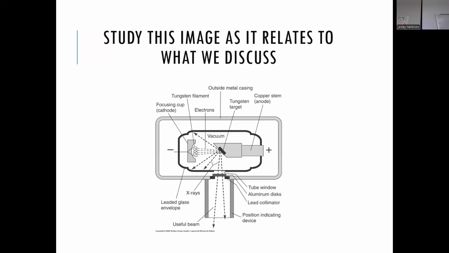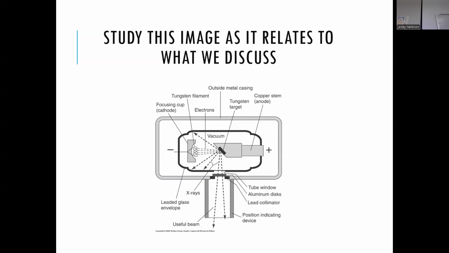Inside, nestled inside of that focusing cup, that coil that looks like a spring is the tungsten filament. Tungsten is a metal. It's a filament just like in an incandescent light bulb that they used before LED was the only thing you could get.